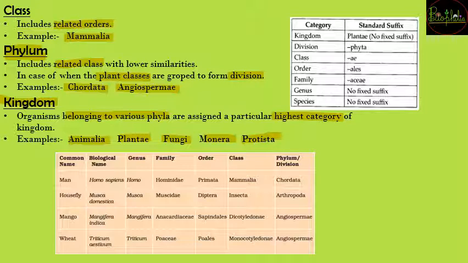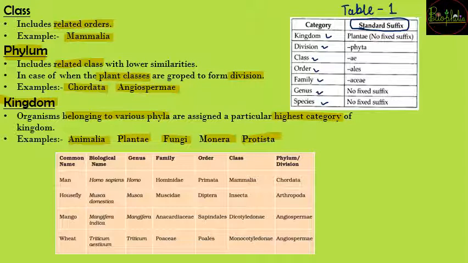So in this table above, the white table, that is table number 1, you can identify the standardized suffix that can be used to identify the kingdom, division, class, order, family, genus and species examples. With these standardized suffix, you can understand whether the given example belongs to class, family or other category.